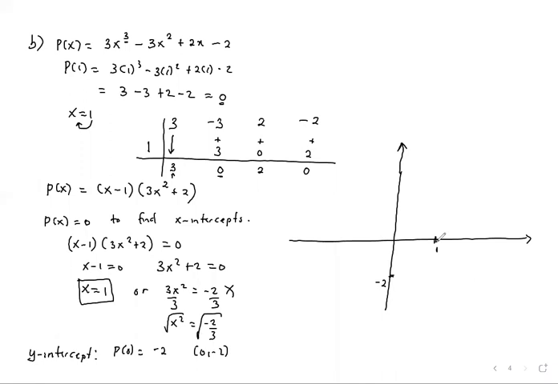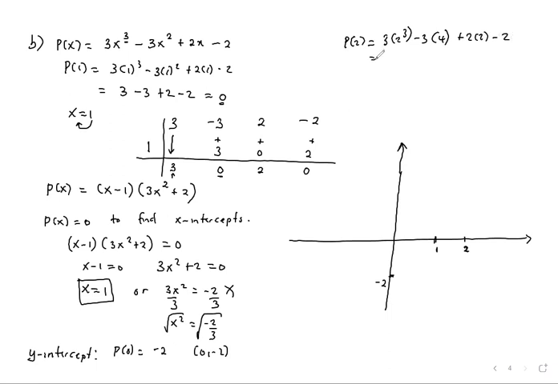Let's try. What happens at 1, at 2? We want to see whether it is above or below the 0. So if you try 2, you get 3 by 2 power 3 minus 3 by 4 when I square the 2, plus 2 by 2 minus 2.